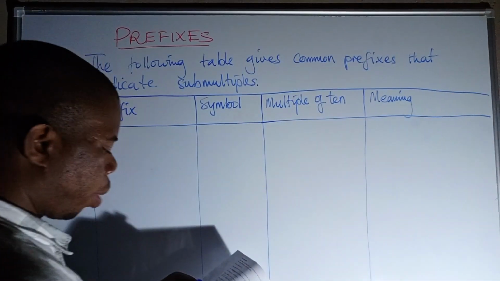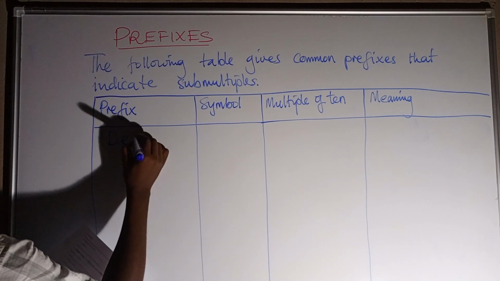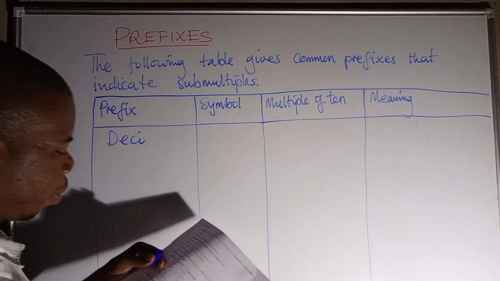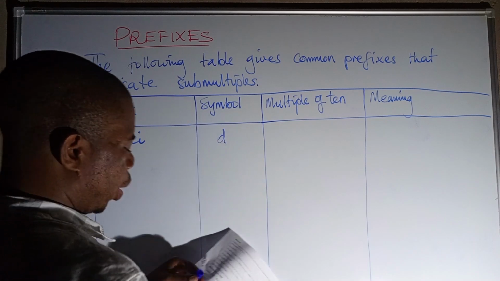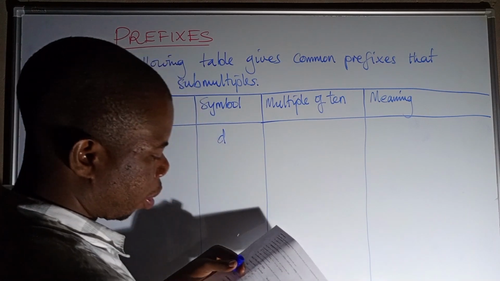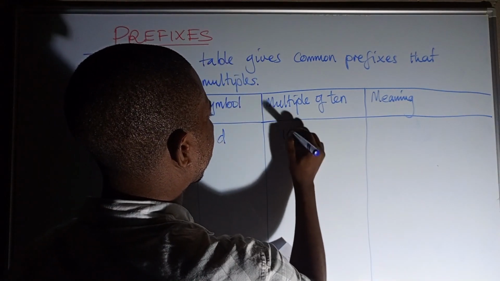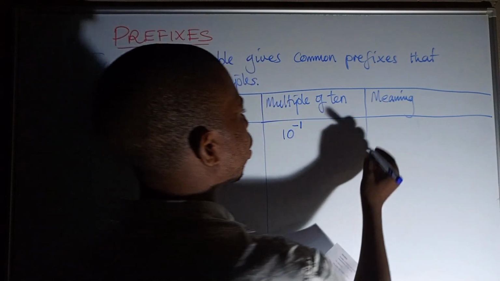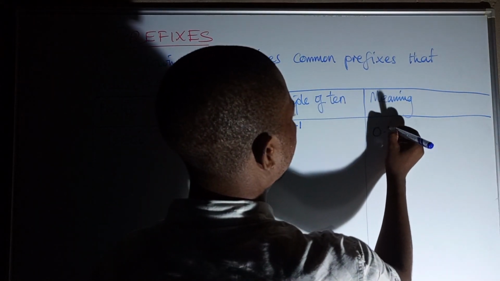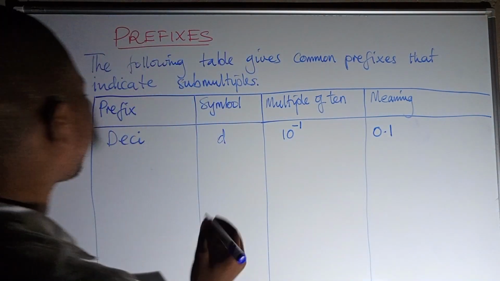The first one that we have is deci. We talk of decimeters. Deci is represented by small letter d, which means 10 to the power negative 1, which represents 0.1.